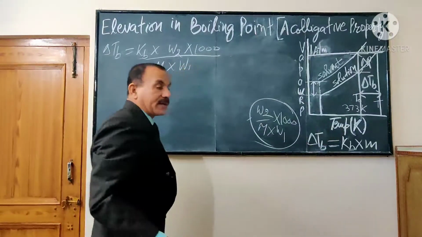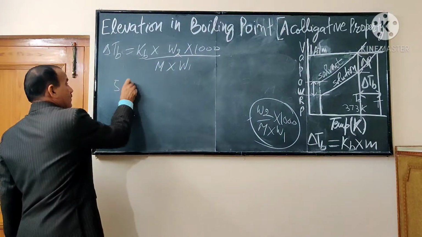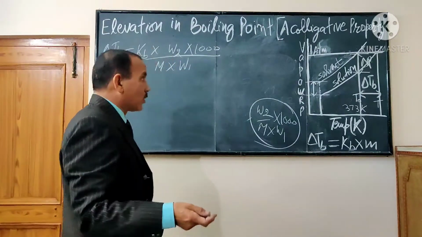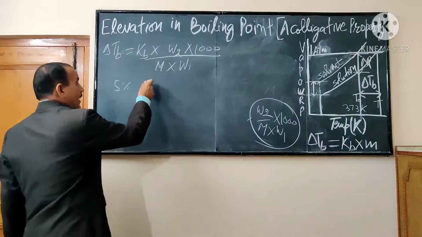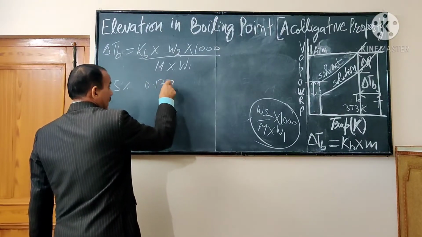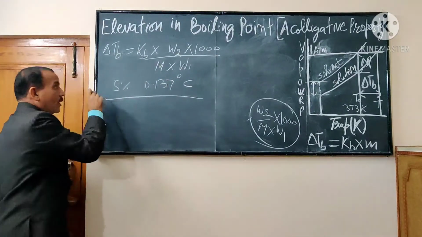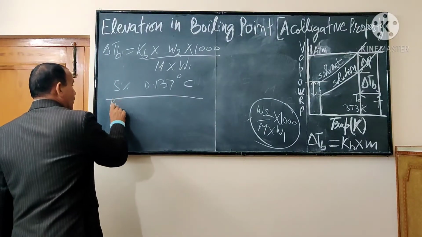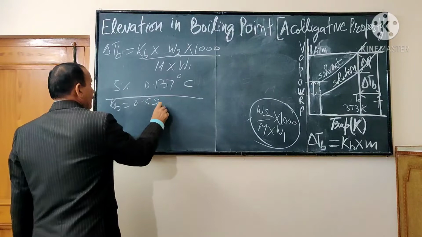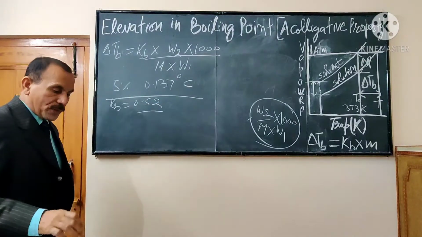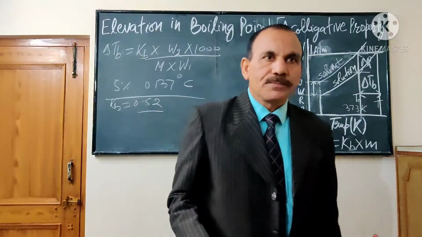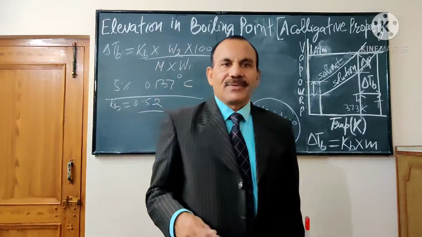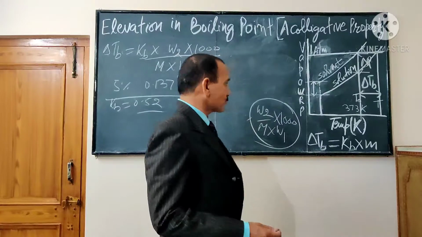Now we prepare a 5% solution of a non-volatile compound, and the elevation in boiling point is 0.137 degrees Celsius. What is the molecular mass of the compound? Kb for water is equal to 0.52. So what is the numerical? We have a compound whose molecular mass is desired. We have to find it out practically.